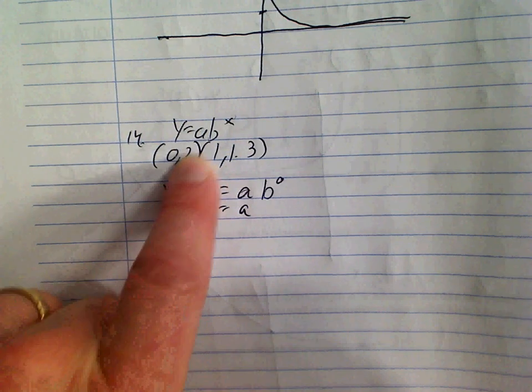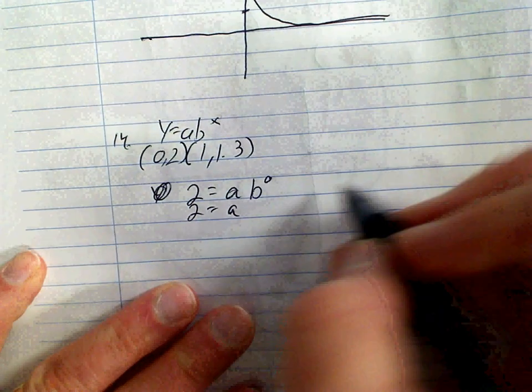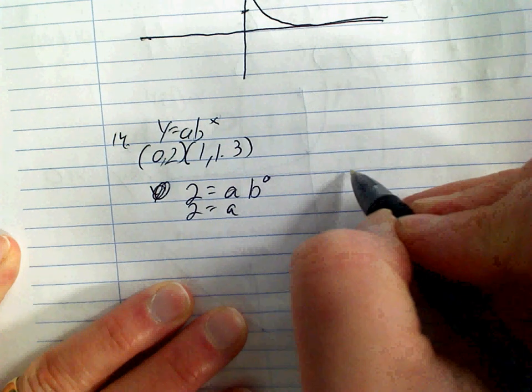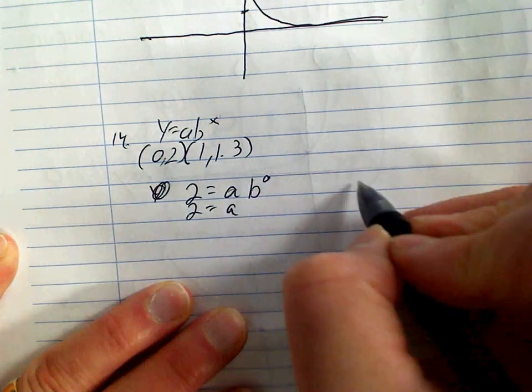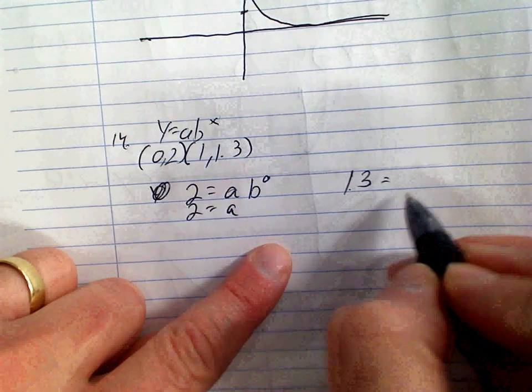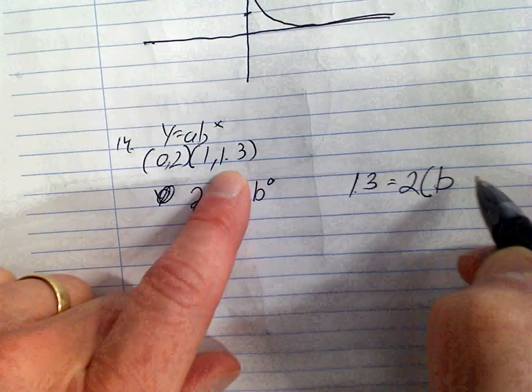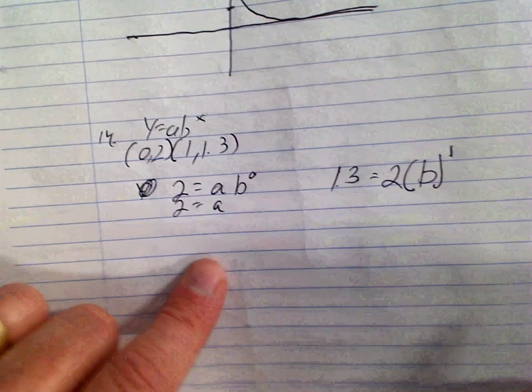There must be a 2 sitting right there as a y-intercept. So then we plug that in over here. We use the other point. 1.3 is what you get. That's the y. You have an a of 2 and an x of 1. This one's kind of simple.